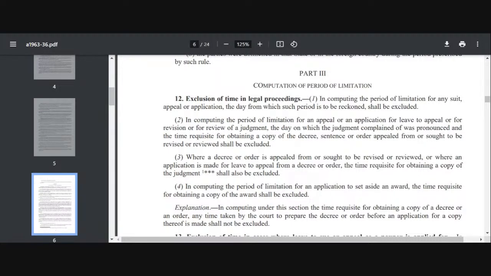So if you see this section 12, what is it, student? This section talks about those time periods when you are calculating your period of limitation. This is the computation. This follows the rules and regulations on how you are going to compute and take out the limitation period. So what things you need to keep in mind when you are computing the period of limitation.